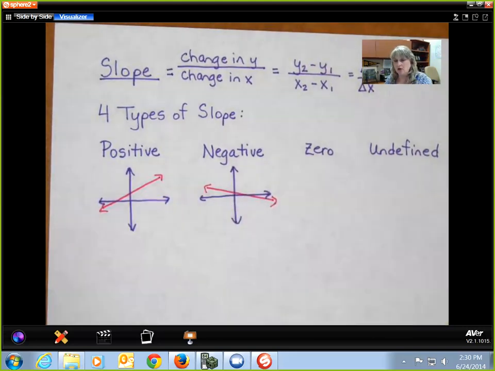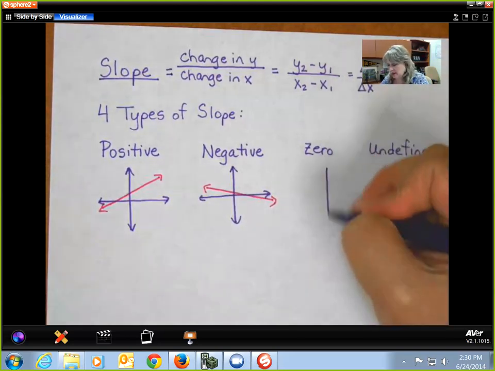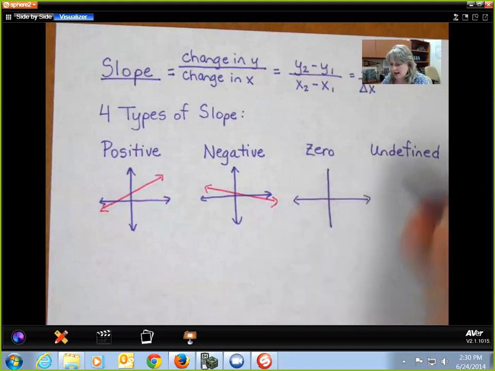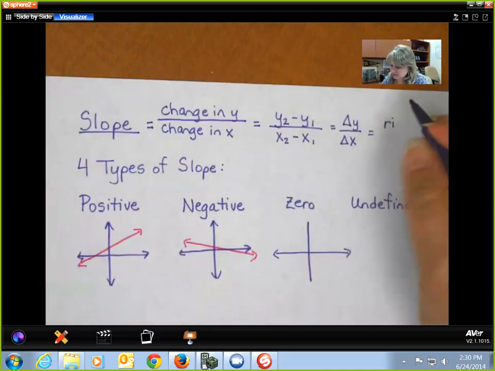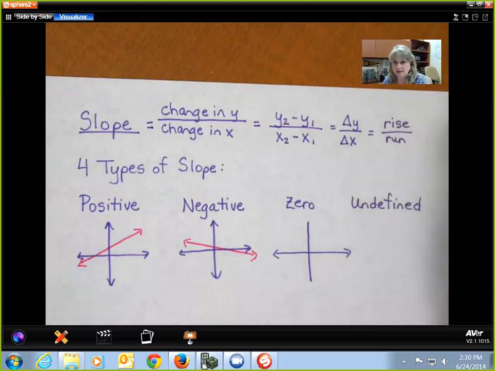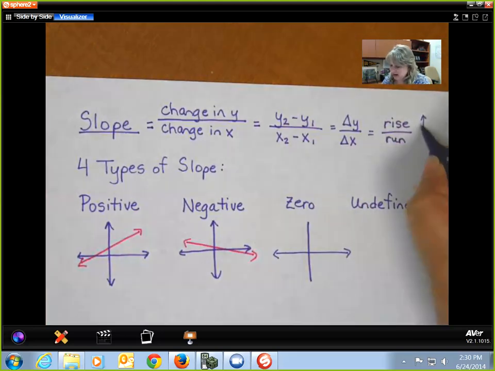All right, and then you also have a zero slope. And the last two are the ones that people get confused on. Remember, slope is your rise over run. Rise means the line is going up or down compared to the run, which is going left or right.